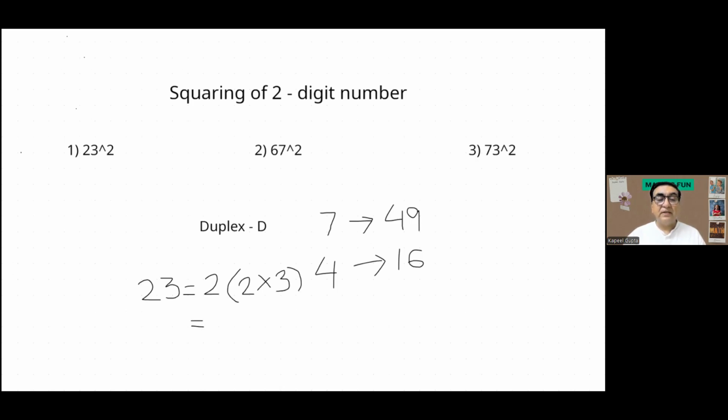So in a two-digit number, you have to multiply the two digits and then double it, and you will get the duplex of a two-digit number. I repeat: for a single-digit number, the duplex is the square of that number, and in the case of a two-digit number, it is twice the product of the two digits. I hope you have got that. Now let's move on to the questions.